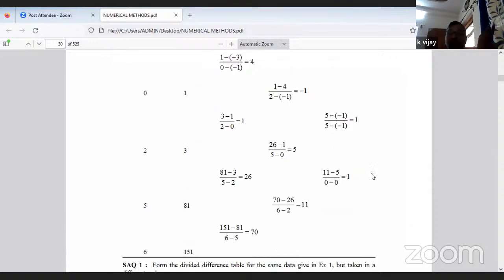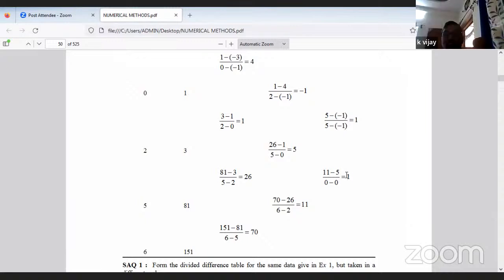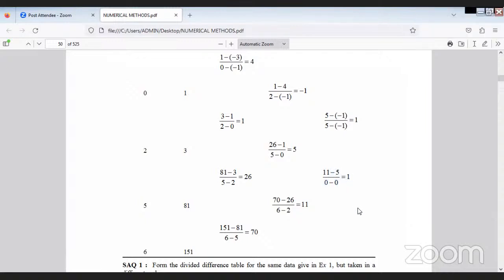There is no value in the denominator. 11 minus 5. What is the value? 6 by 0. Is it 1 or 0? 11 minus 5 is 6, sir, and this is 6 minus 2.